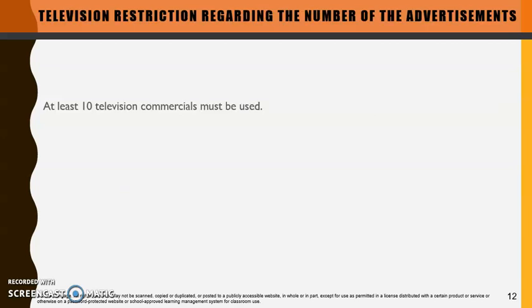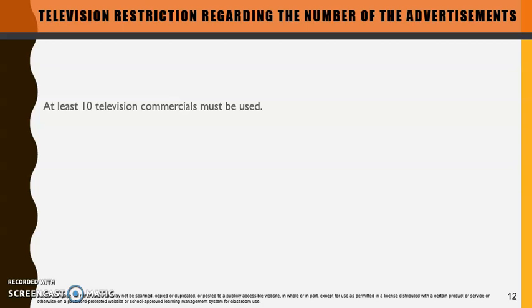After the budget constraint, now is the time for television restriction regarding the number of the advertisements. Again, I extracted the associated part from the text, and I put it here to show you all these constraints are inferred from the scenario description, from the problem, from the case that we had. It's exactly a sentence in that problem that says at least 10 television commercials must be used.